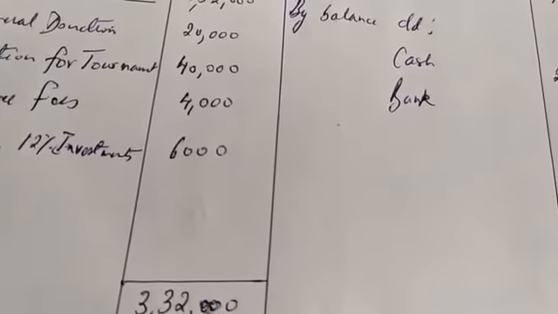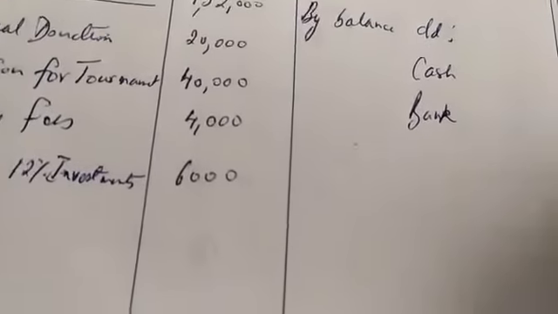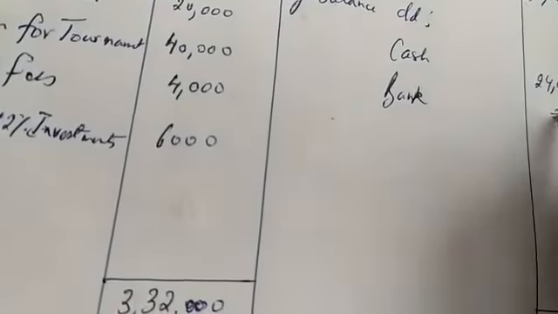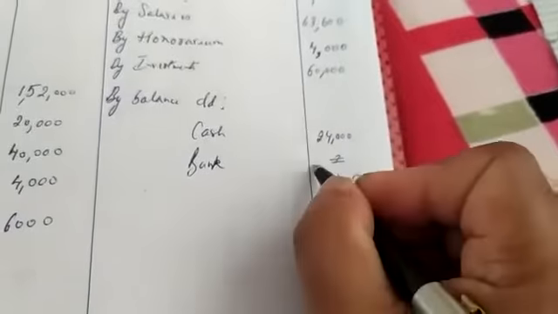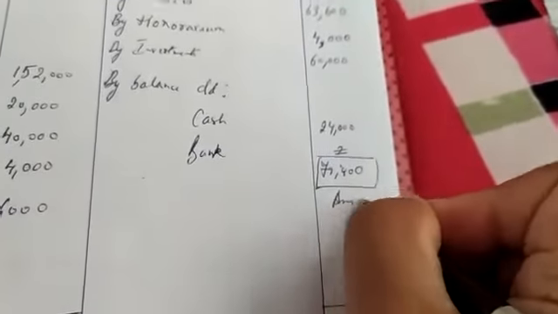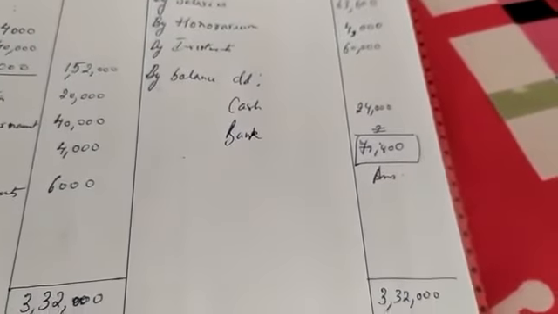And on subtracting 2,61,600 from 3,32,000, the difference is 70,400, and this is our answer. The cash at bank at the end of the accounting year 31st March 2019 for this club is 70,400.